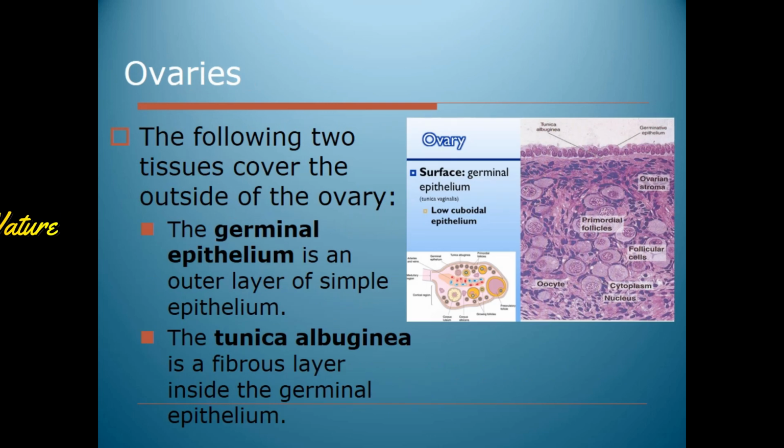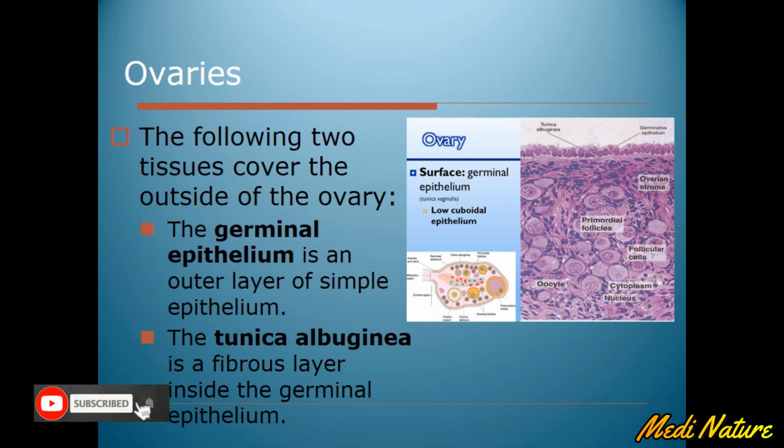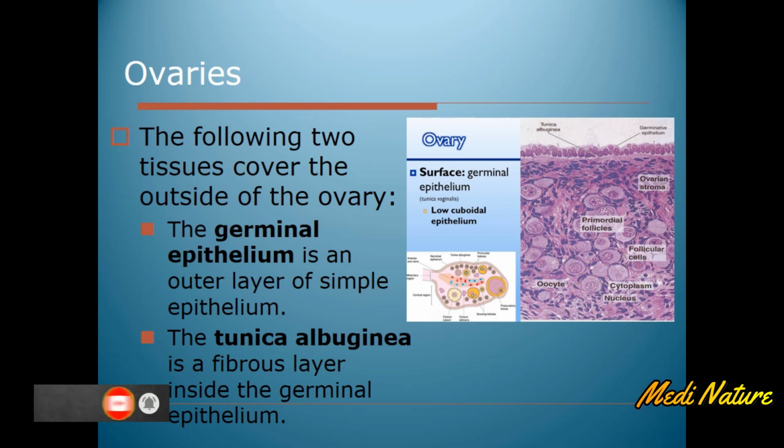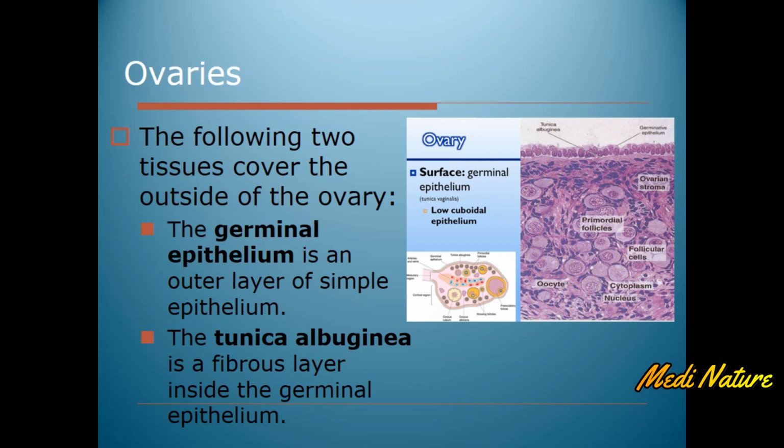When we are talking about the tissues covering the outside of the ovary, the outermost layer is the germinal epithelium. It is a cuboidal epithelium, an outer layer of simple epithelium. And the tunica albuginea is a fibrous layer which lies inside the germinal epithelium.